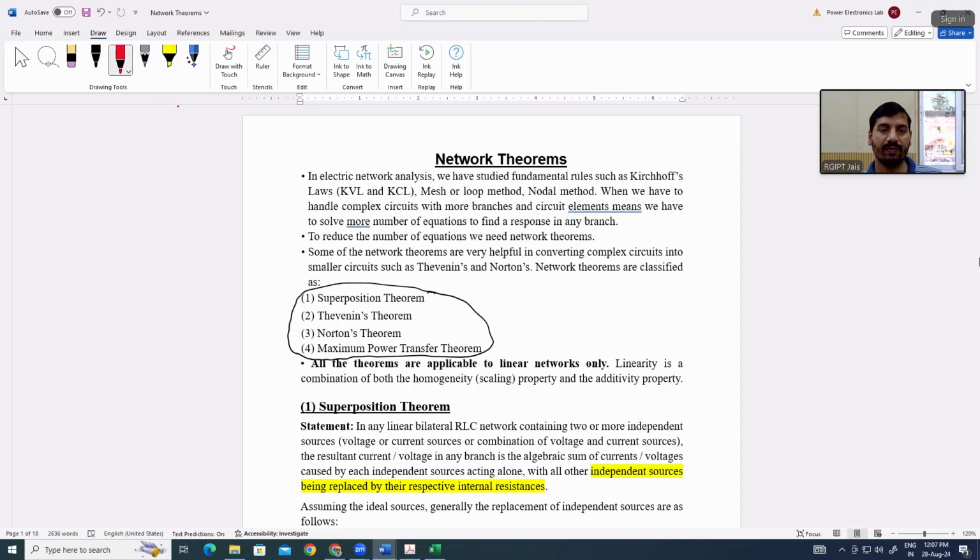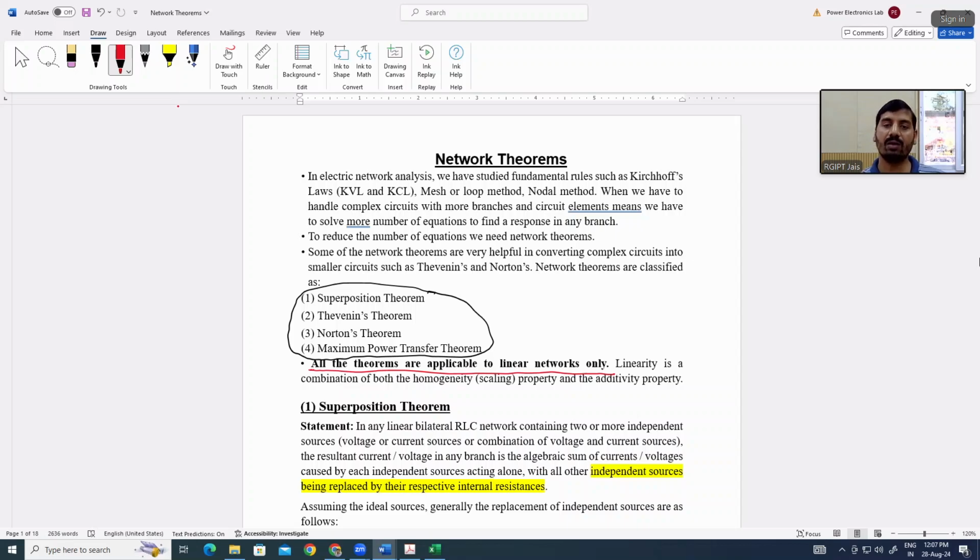The specific condition is that all these theorems must be applicable for linear networks only. They are not applicable to non-linear networks. So first you have to understand and tell me the property of a linear network.